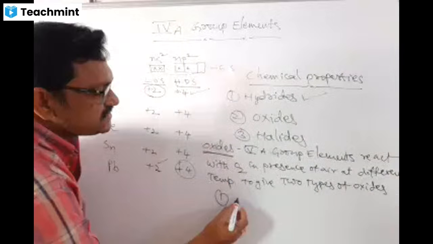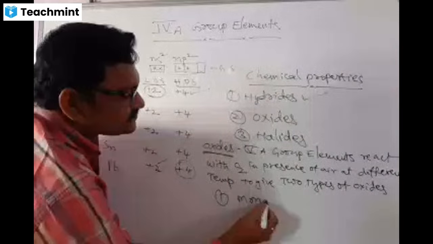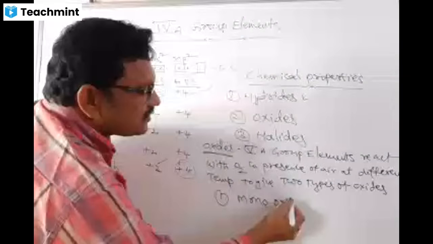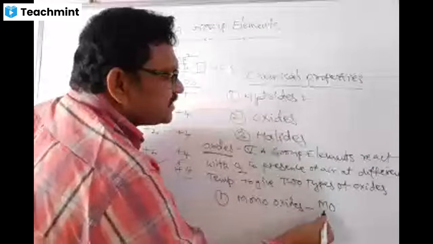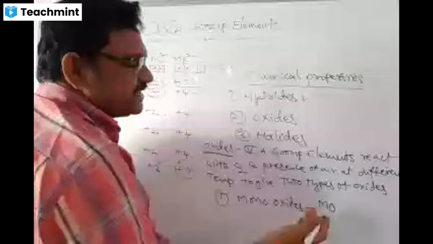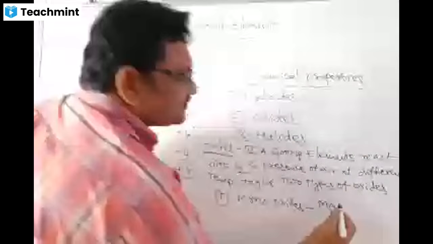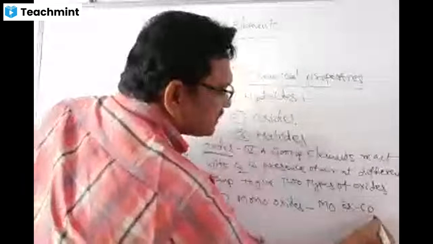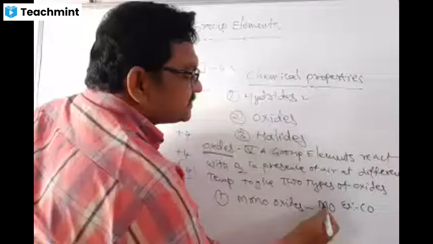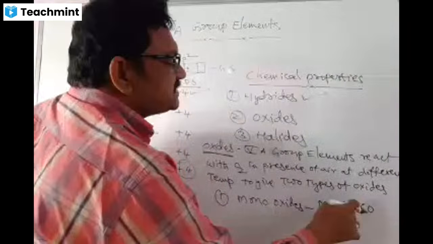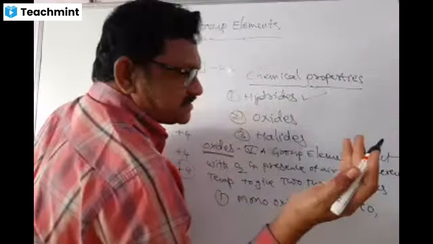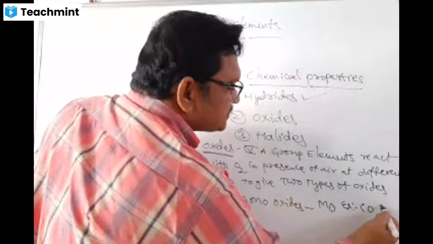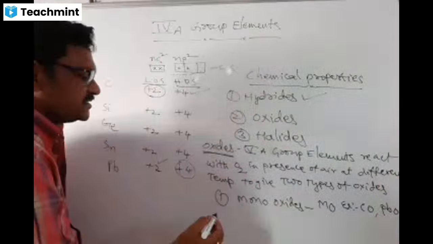The first type is monoxides, with the formula MO, where M means a fourth A group element. For example, carbon monoxide, silicon monoxide, and lastly lead oxide, PbO.